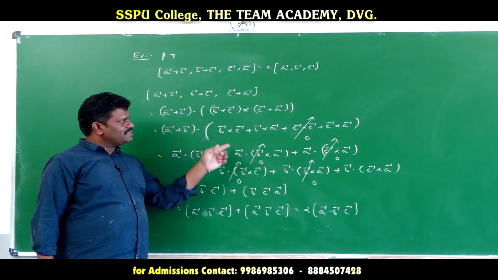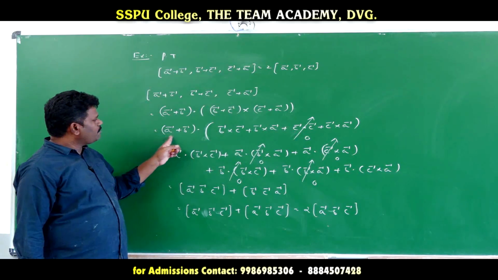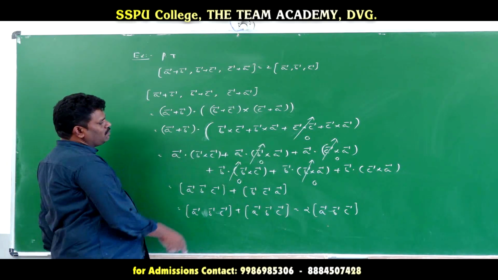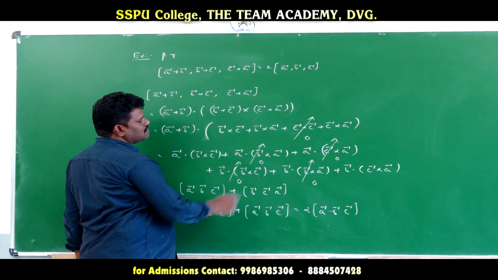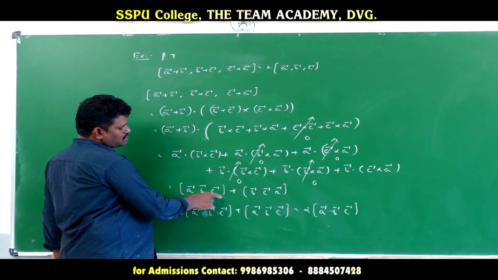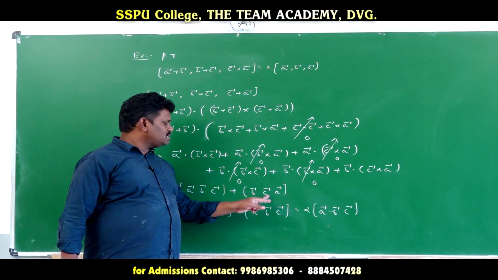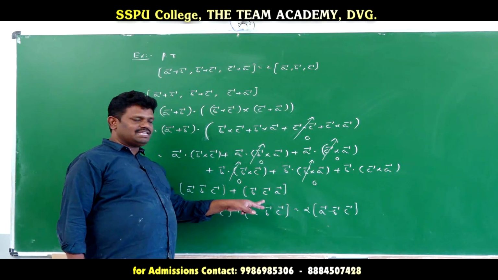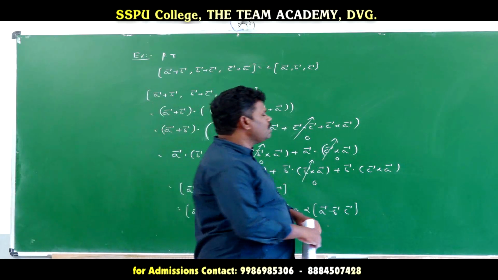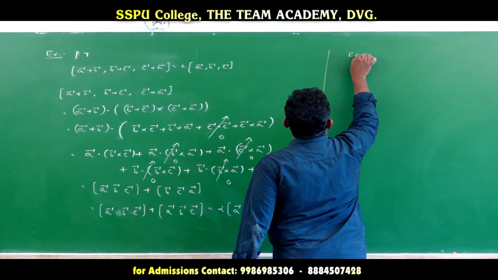After that we first simplify the box values. Where any two vectors in the box are the same, the quantity is equal to 0. So these values are 0. Two interchanges make it positive, so we get 2 into the box of a bar, b bar, c bar value. Right, next example: this is also an important example.